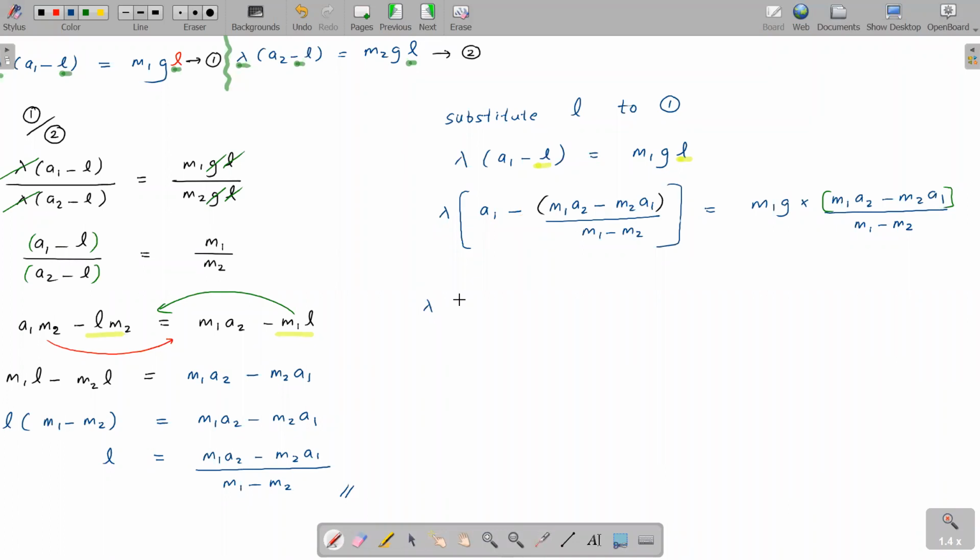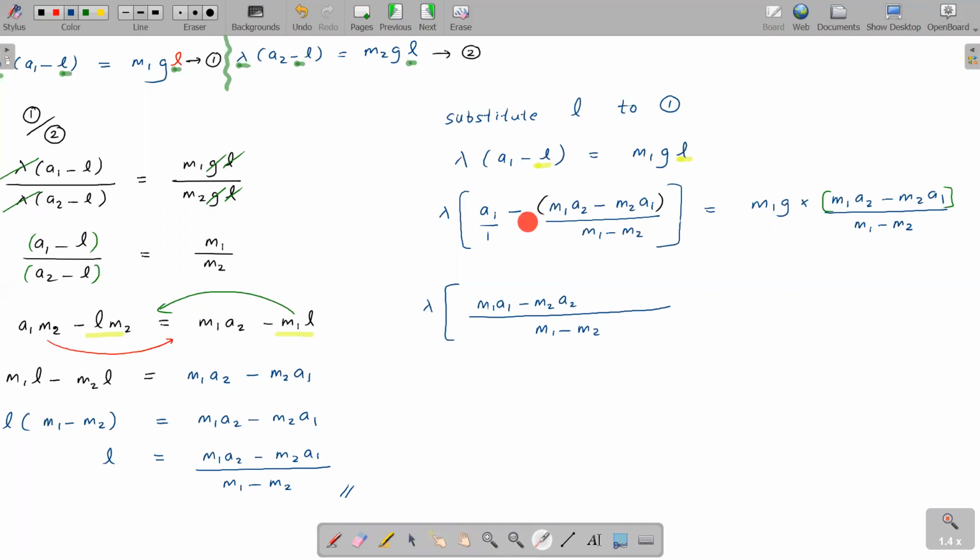M1 minus M2 will be the common denominator, and this multiplies M1A1, the A1 multiplies with M1, and minus M2A2, so M1A1 minus M2A2. In this bracket, you already have the M1 minus M2 denominator, so there's nothing to fix here.